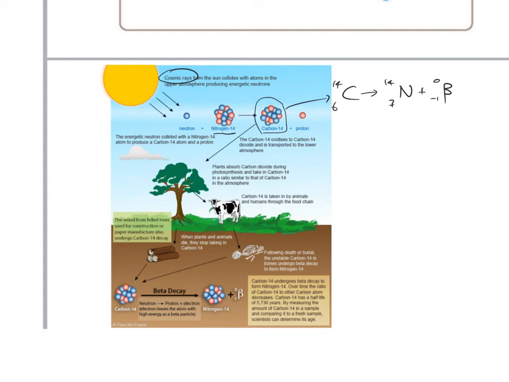So this carbon-14 gets into plants because plants absorb carbon dioxide during photosynthesis, and ultimately that carbon-14 finds its way into animals which eat the plants, and then our cells which eat animals and plants. So all living materials contain a certain amount of this carbon-14.